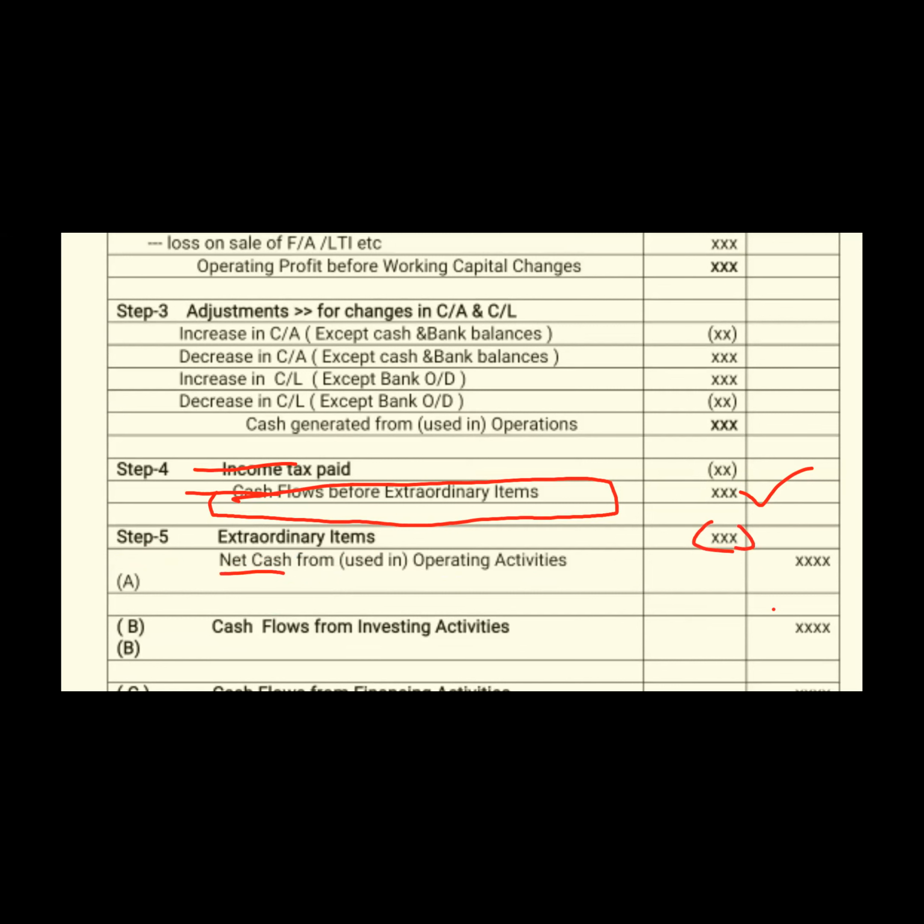If it is plus, you write cash flow from operating activities. If it is minus, you write cash used in operating activities. This is the indirect method to find cash flow from operating activities.